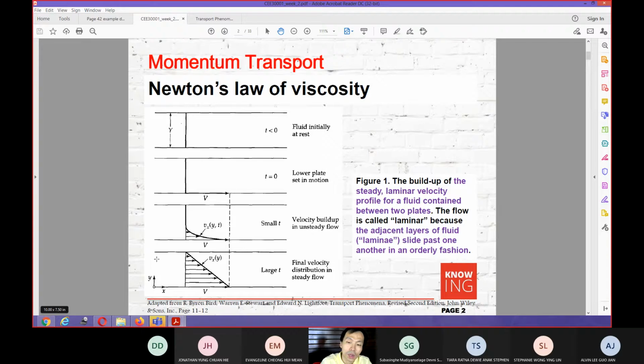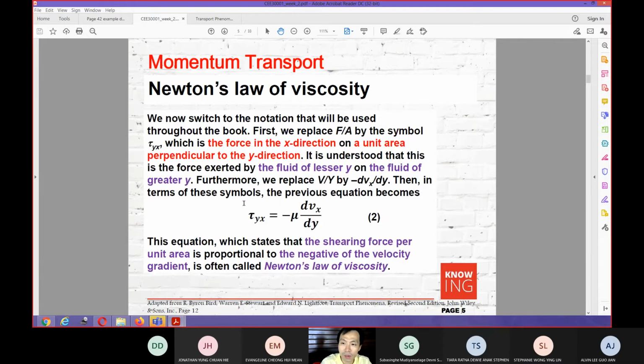And then for example at this particular position, this is a fluid at the greater y. The transfer is from the lesser y to the greater y. Why? Because this part in here will have a higher velocity than this part in here. Okay, up to this point, I hope everything is clear.